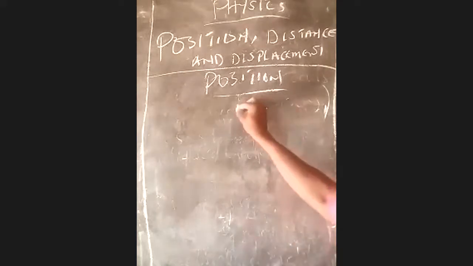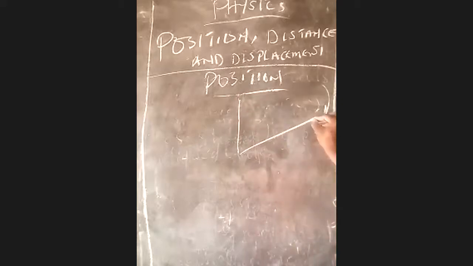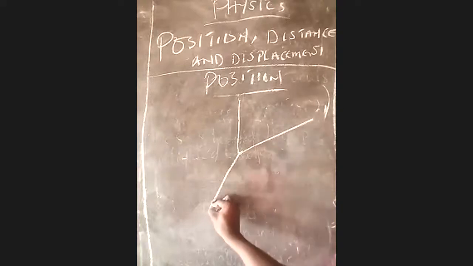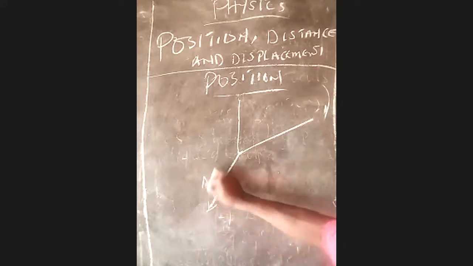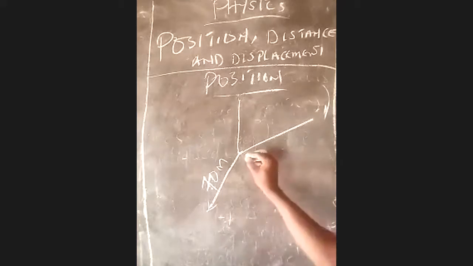When we draw an angle like this, and one goes like this, and that one goes like this. Let's call this place 70 meters. This place should be 0.